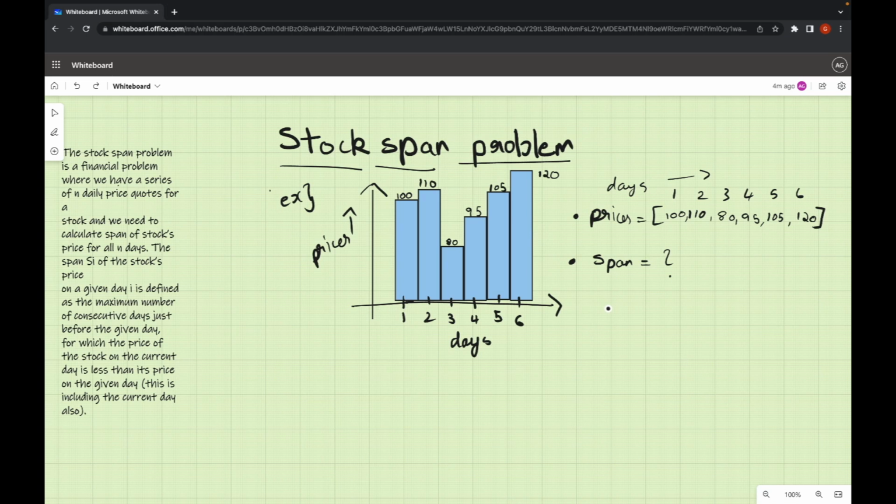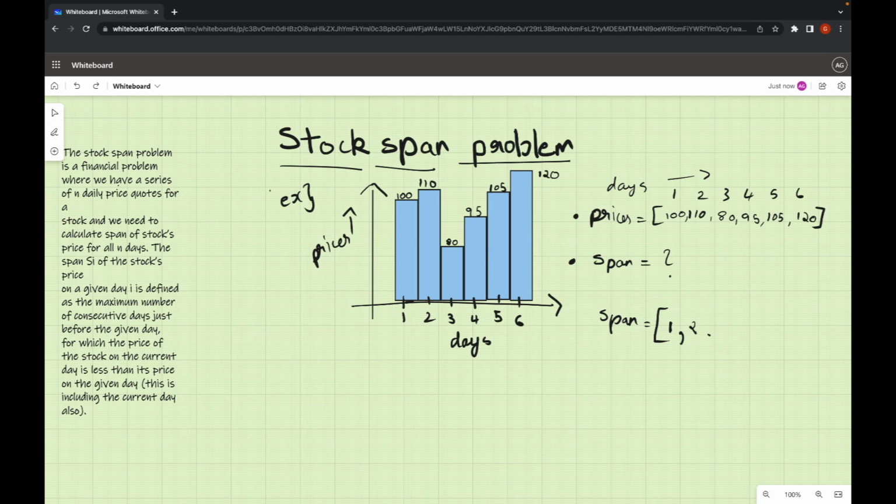Let's figure it out by solving the span for each day in this example, because to me that statement was really confusing. So on day 1 the span is always 1 because nothing precedes day 1. On day 2, 110 is more than 100, so the span is 1 plus 1, which is 2, because you count the day itself.